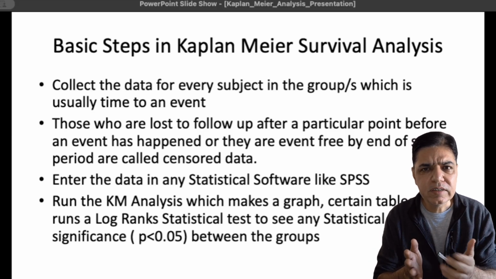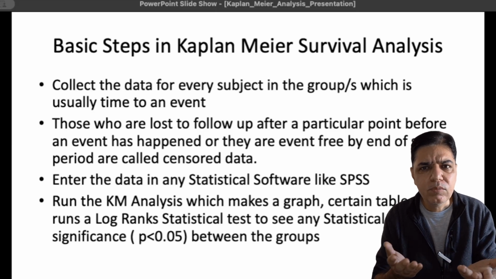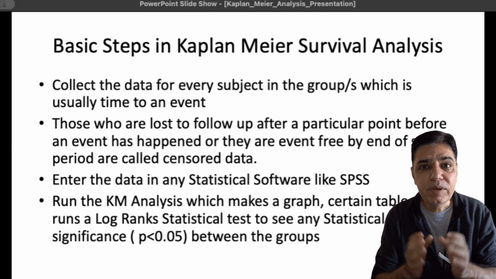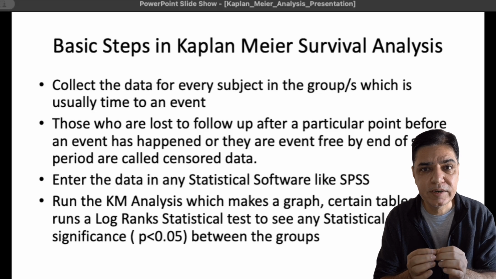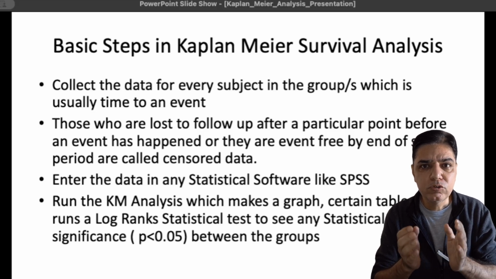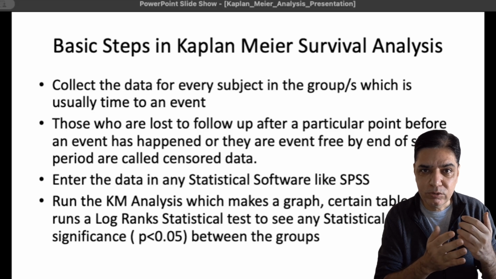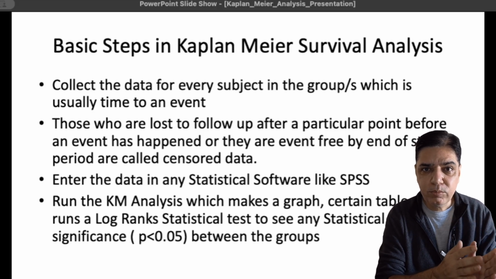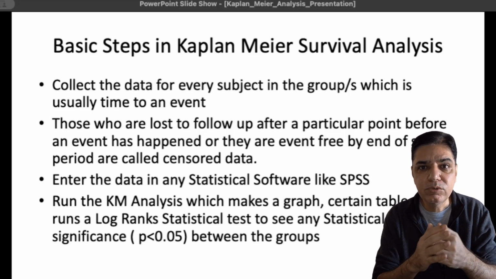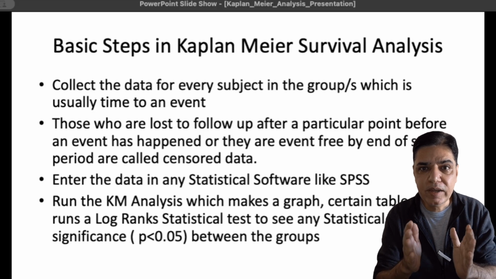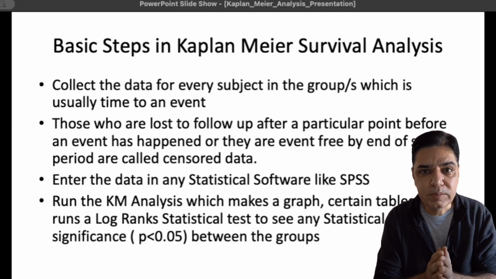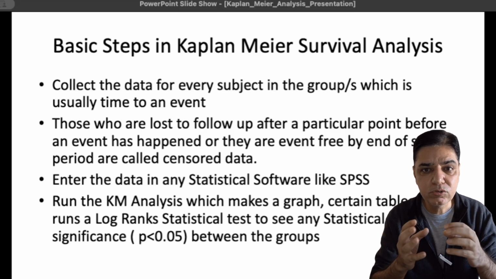So then the question is, if we don't know about them, what do we do with that data? We make assumptions for that data. Assumption, extrapolation. So whatever data we have collected, which we have the records of, we extrapolate that data to these people who didn't come back to us. So that way we account for all these censored people, and censored data is also included.